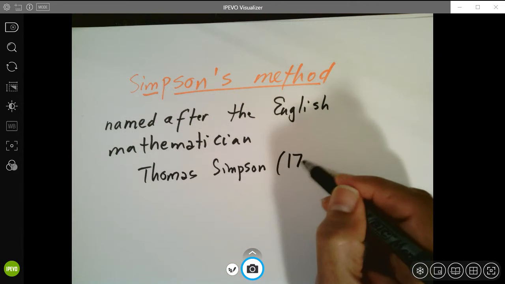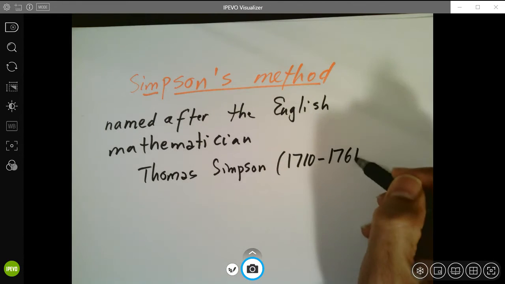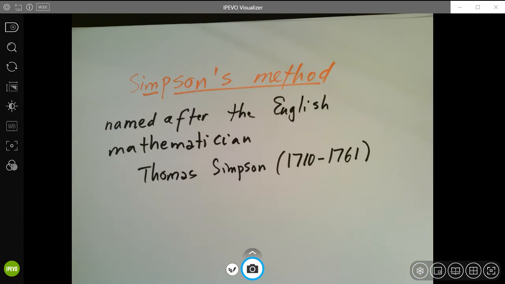It's already in 1710, can you imagine? 1761, the British were thinking about this method.